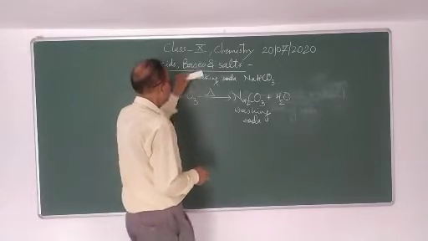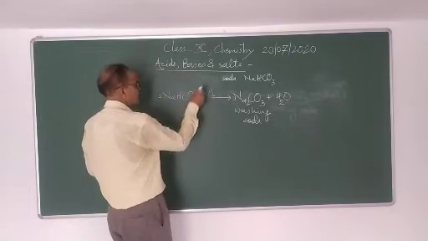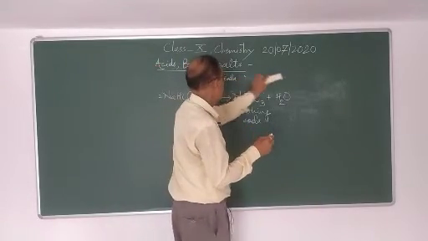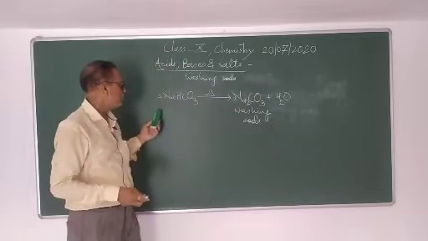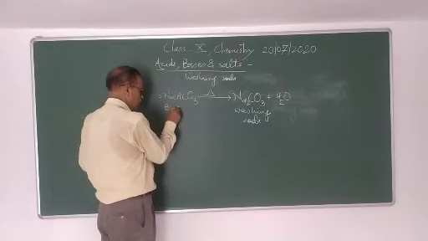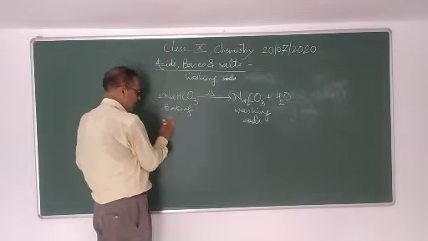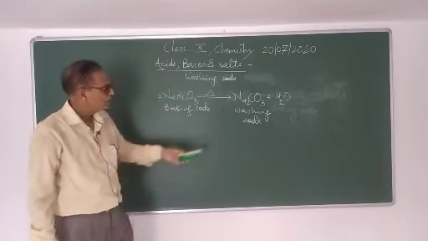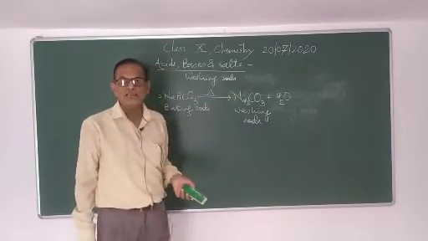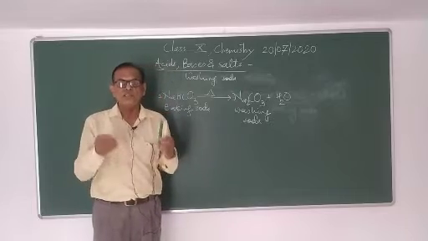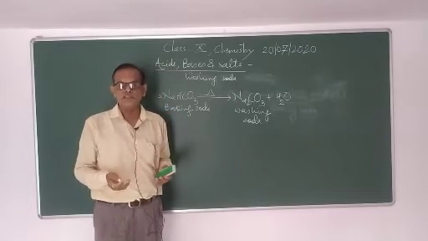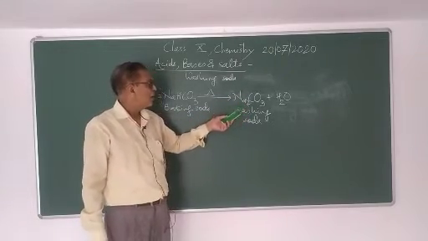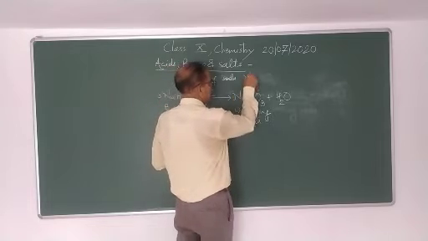Again I will tell you that washing soda can be prepared by heating baking soda. This baking soda on heating gives washing soda. Now this washing soda which is obtained is then recrystallized by dissolving in water and then heating the solution, so that it gets accompanied by 10 molecules of water as water of crystallization.